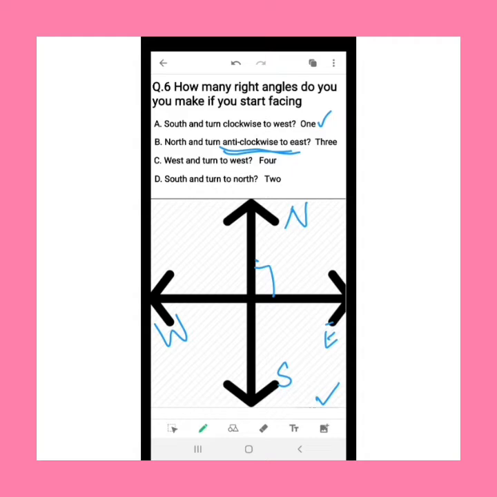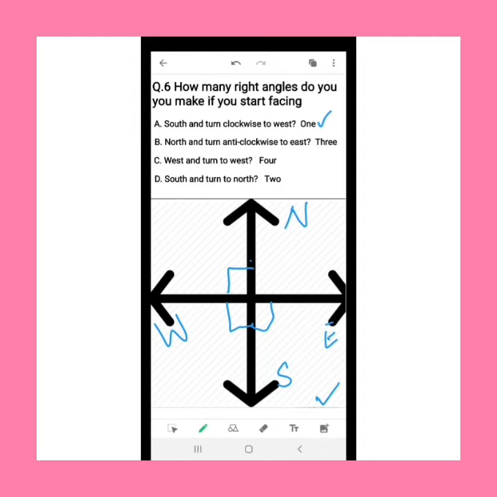Anti-clockwise means we have to do the movement in the opposite direction. So this is wrong I have done. So I have to start from north but move from right hand side to left hand side. So starting from north to west direction, one right angle, west to south 2, and again south to east is the third right angle.